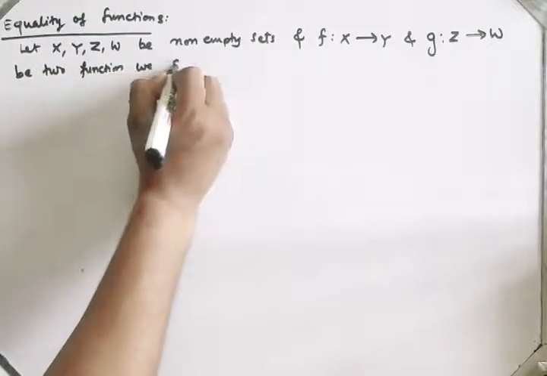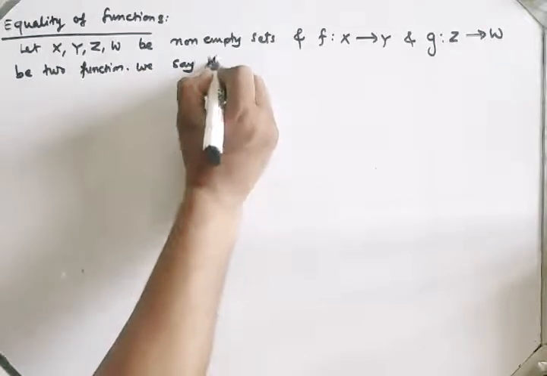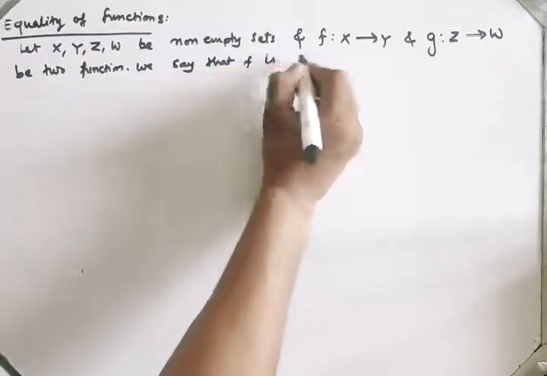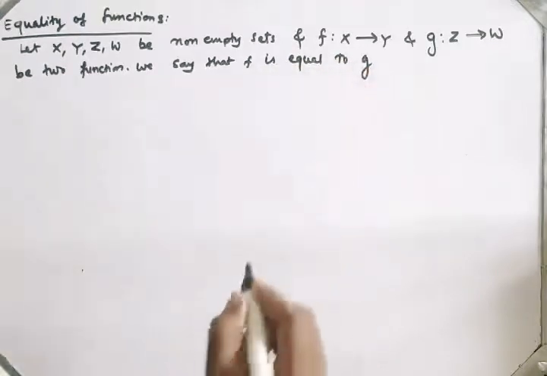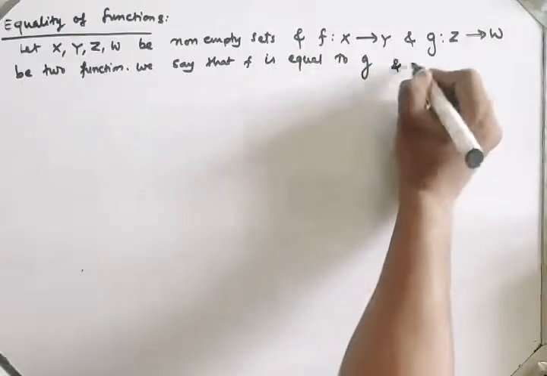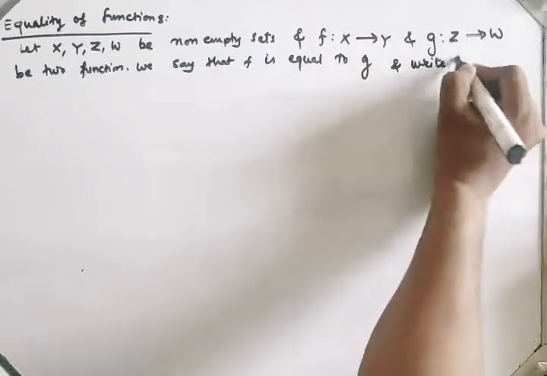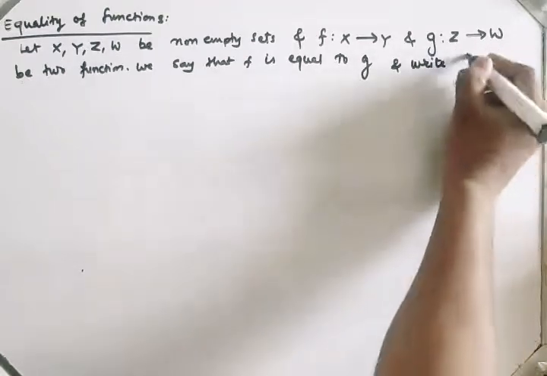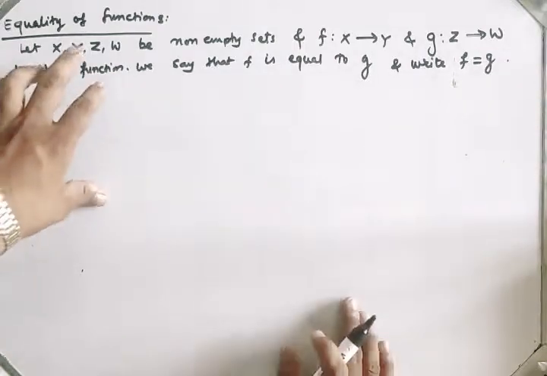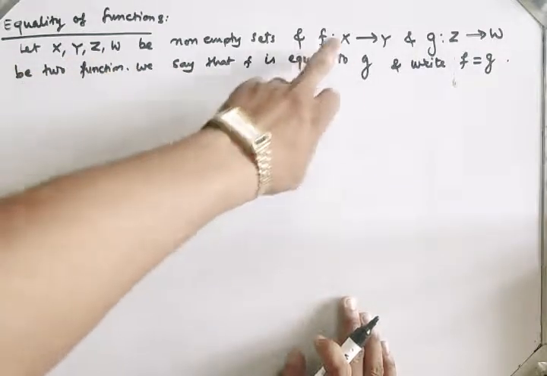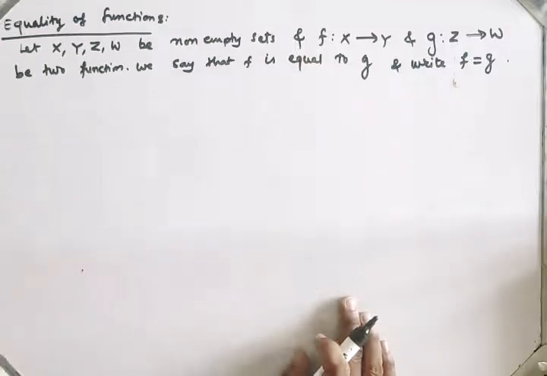We say that f is equal to g and write f equals g. It means we have four non-empty sets, f from X to Y and g from Z to W.